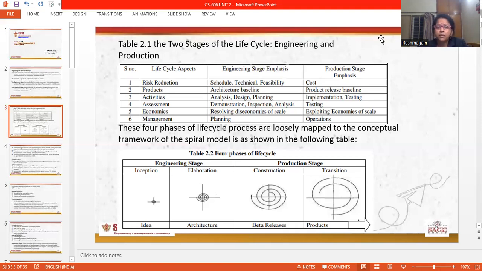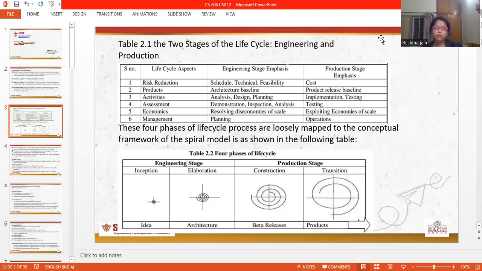Assessment in the engineering stage is done by demonstration, inspection, and analysis. In the production stage, assessment is done with the help of testing.